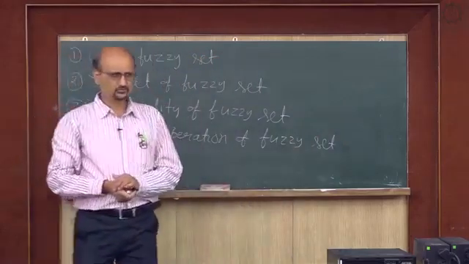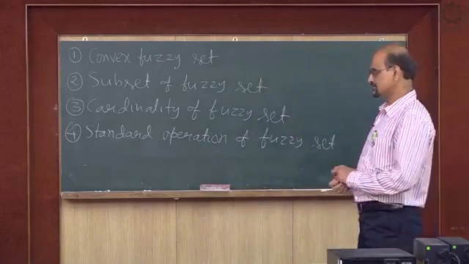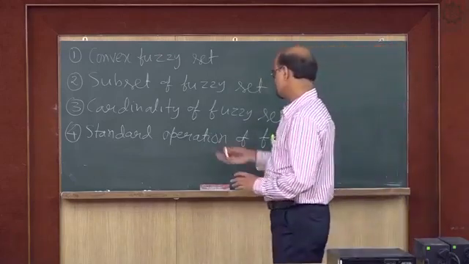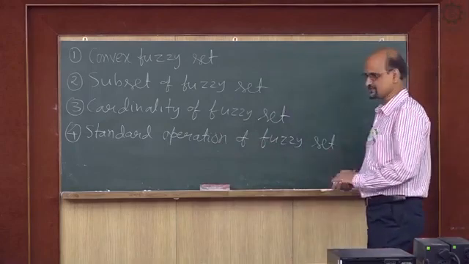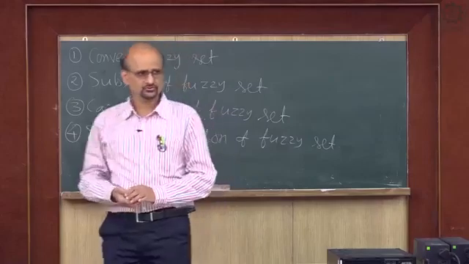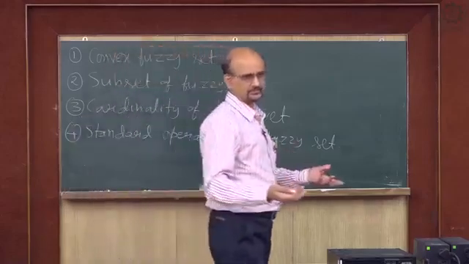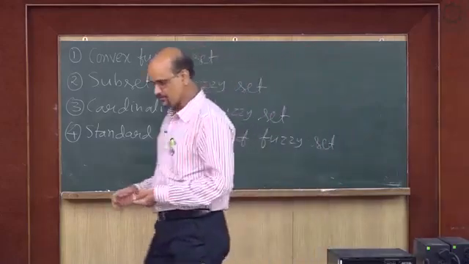So, in a nutshell we will do these four things: convex fuzzy set, subset of fuzzy set, cardinality of fuzzy set, and standard operations of fuzzy sets. And I hope you know all these with respect to your standard set theory, that is crisp set. Okay. So, let us do one by one.